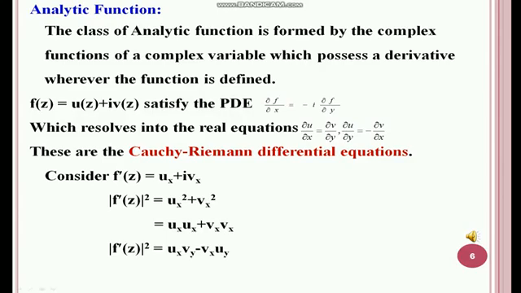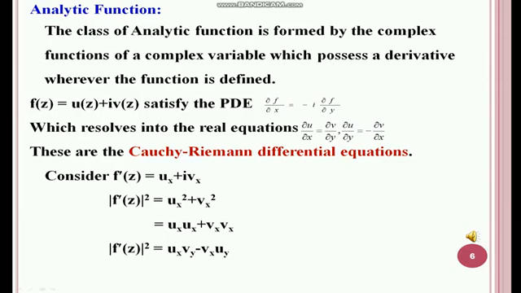Consider f dash of z equal to ux plus i vx. Modulus f dash of z the whole square equal to ux square plus vx square. Ux square can be written as ux into ux, and vx square as vx into vx. We use the Cauchy-Riemann equations ux equal to vy, uy equal to minus vx.